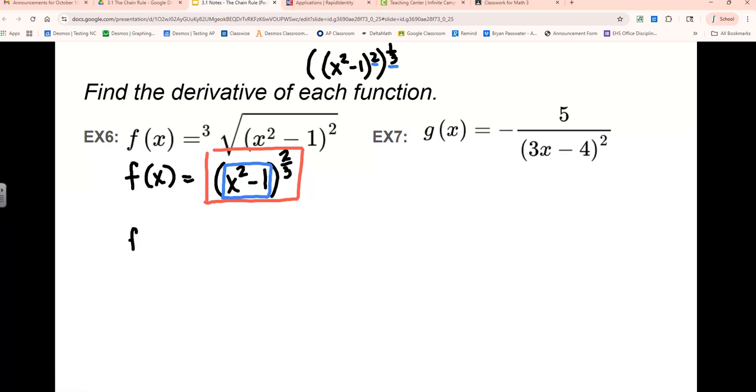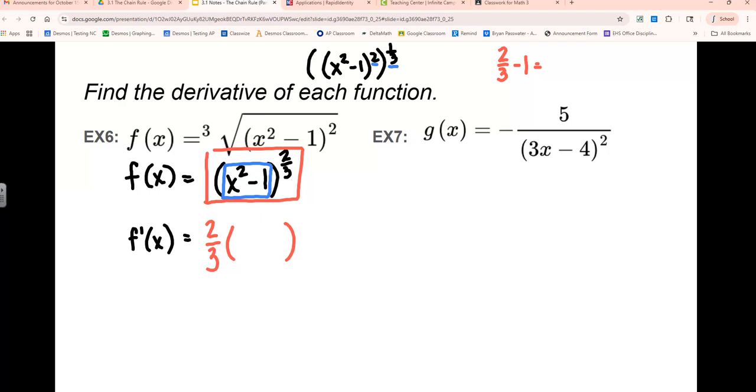So to take my derivative here, I start by taking the derivative of the 2/3 stuff. So I get 2/3 multiplied out front of stuff raised to, what power is it going to be? You have to do 2/3 minus 1.